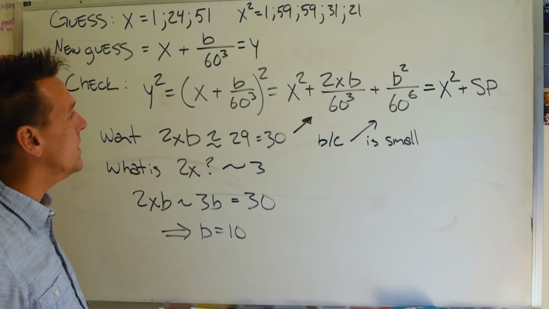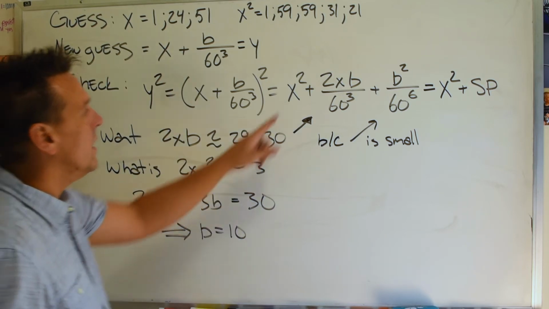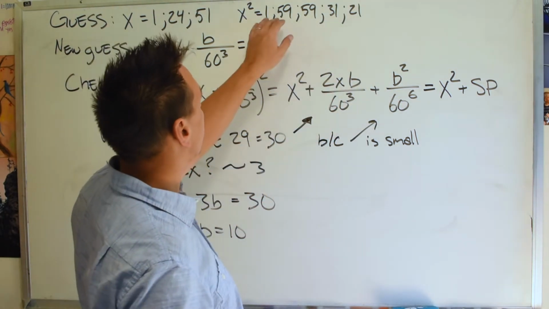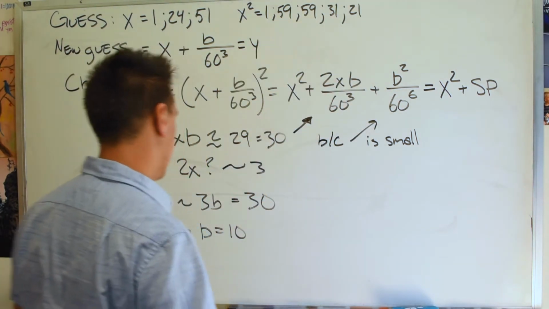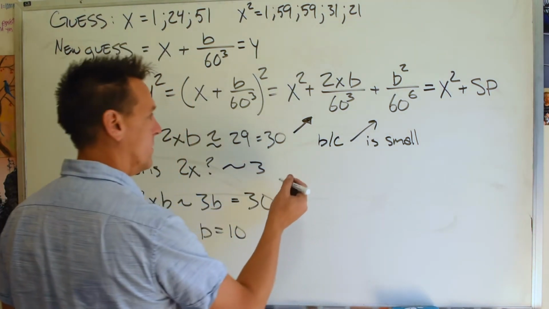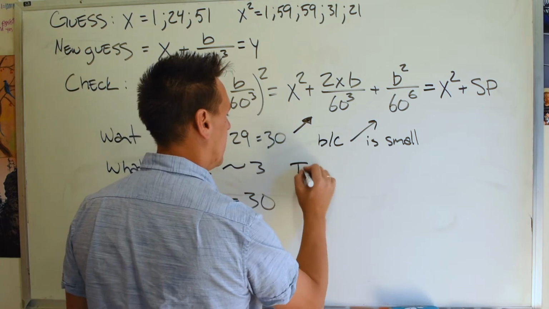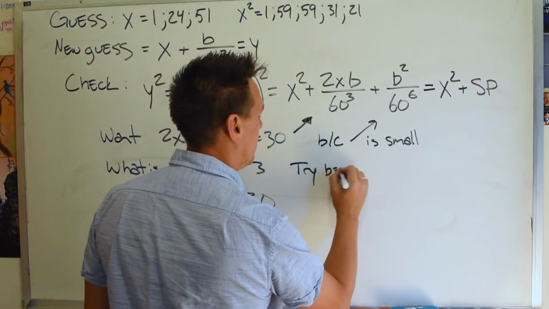And then what I can do is when I choose b to be 10, or if I end up choosing something else, I can compute this, then I can add it to x squared and see how that turns out. So maybe I could still do this here. I don't know if I'll run out of room to do the calculations, but let's hope not. So let's try b equals 10.